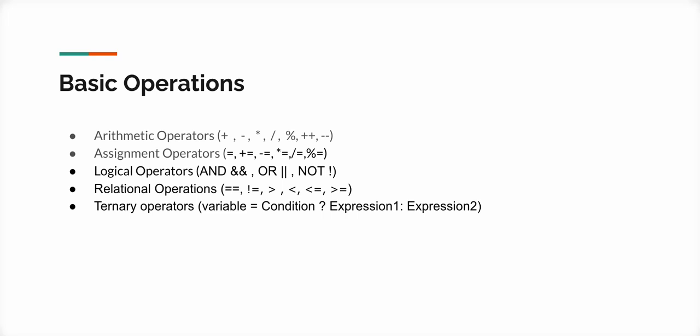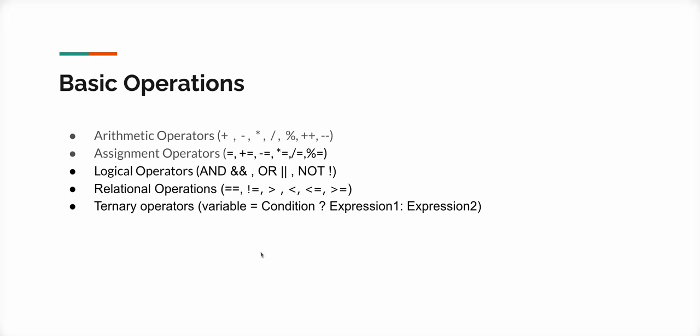If A is true and B is true, then the result will be true. They are more like comparing two values. We also have greater than, not equal, which is the exclamation mark and equal sign, less than or equal to, and greater than or equal to.